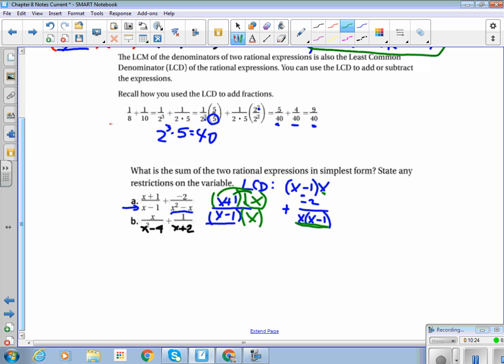So the new numerator for the first one is going to be x squared plus x, and it's going to be plus negative 2, all over x times x minus 1. So once you have your common denominator, you can write it as the denominator, and then add, or if this is subtraction, subtract all of your terms on the top.